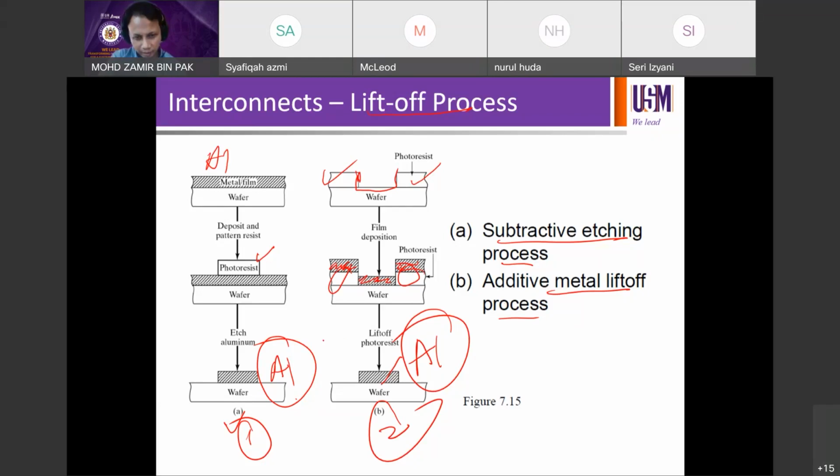Both give the same result, but you can approach it through two ways at least for this case. So in device fabrication, you can always approach things from many angles. It's not necessarily one fixed process that you have to do in order to get something.